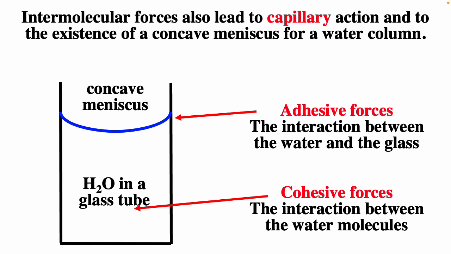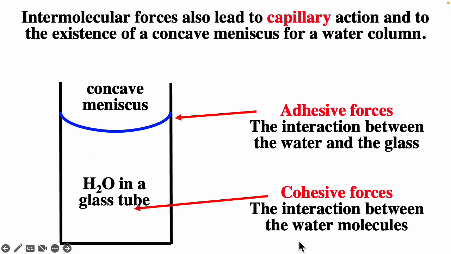Intermolecular forces actually lead to capillary action and to the existence of concave and convex meniscuses. And so here we have a concave meniscus. And what this actually means is that the attraction between the liquid and the surface of the container is stronger than the interaction between the molecules in the liquid.